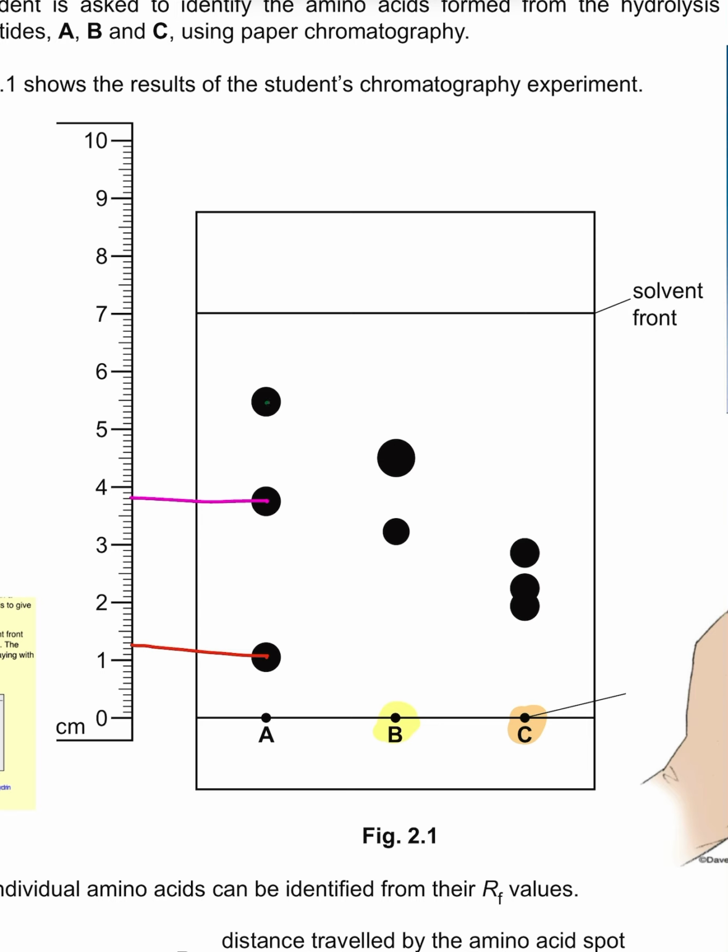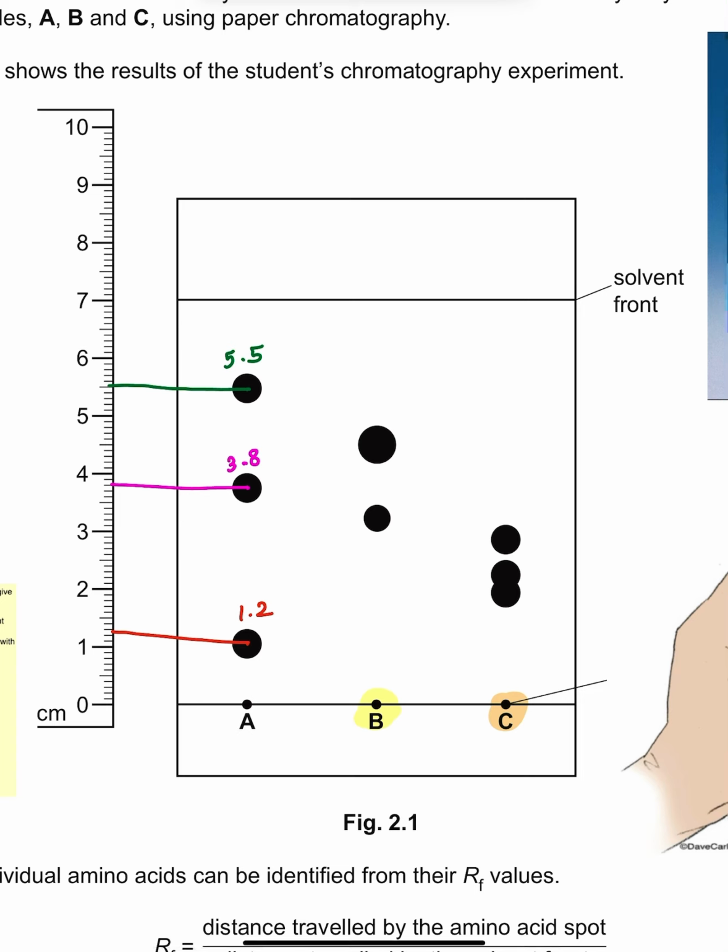And the third one can be 5.5. So I can write: this is 5.5, this one is 3.8, and this one is 1.2. These are the distances traveled by the components, and the distance traveled by the solvent front is this, which is going to be 7.